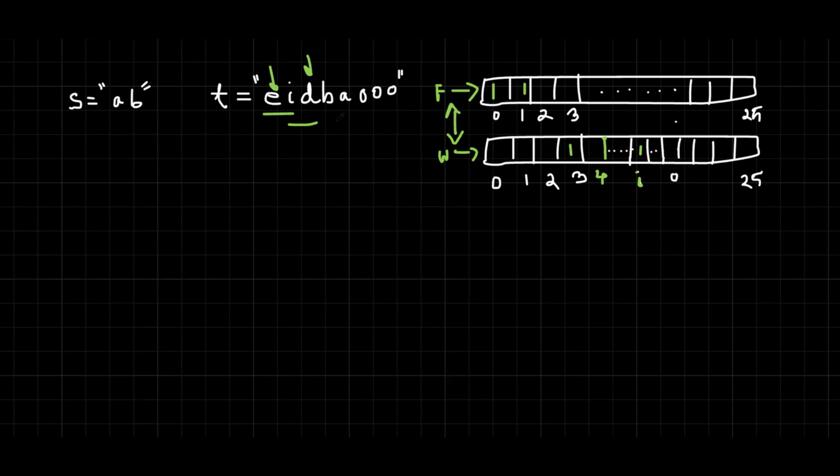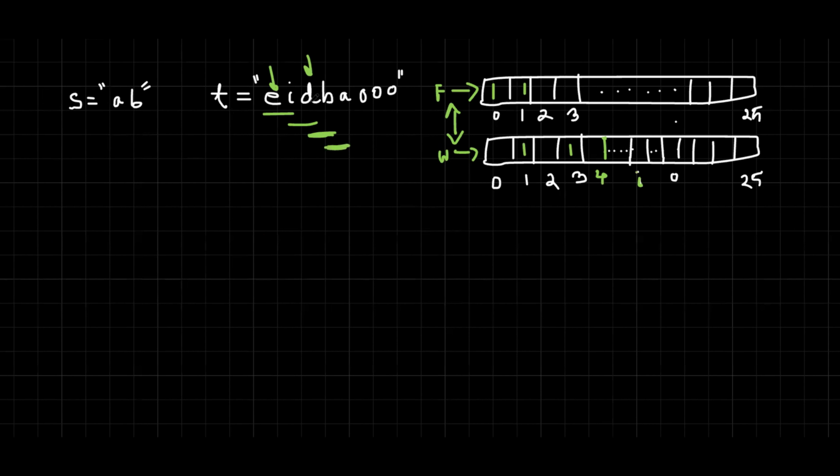So we shift the window 1 unit right, which is D and B. So we remove the frequency of I because I is no longer available in the window. We add the frequency of B here, 1. Now, again, these two arrays are not equal, so we shift the window here.